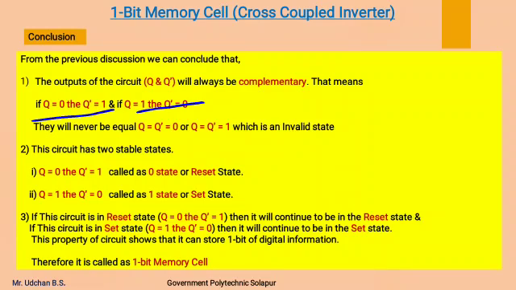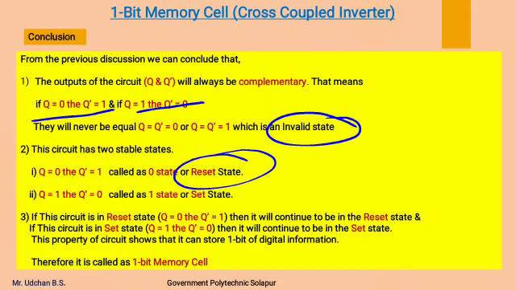If we find Q and Q complement both are equal, then it will be an invalid state for that circuit. The circuit has two stable states. One is the reset state, for which Q is 0 and Q complement is 1, and another is the set state, for which Q is 1 and Q complement is 0.